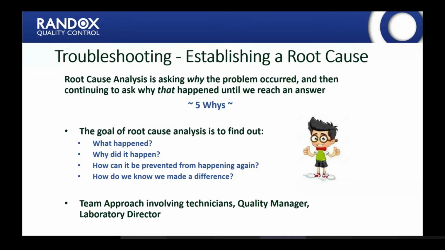It is a team approach involving not only the technicians, but the quality manager, up to the lab director. We need to have a quality system in place that will not only work for us to determine the errors in the first place, but obviously to reduce the errors in the long term. I use an analogy.